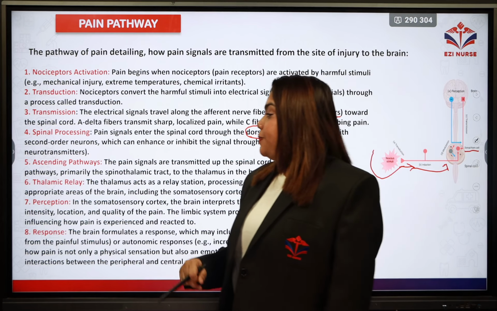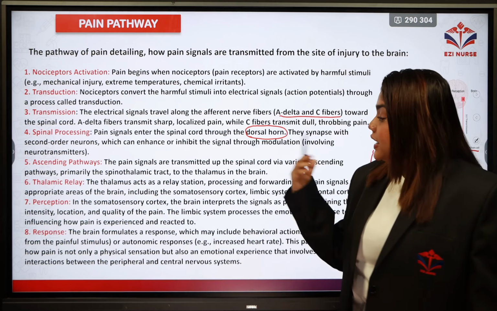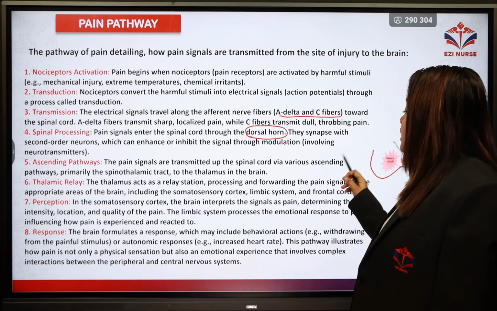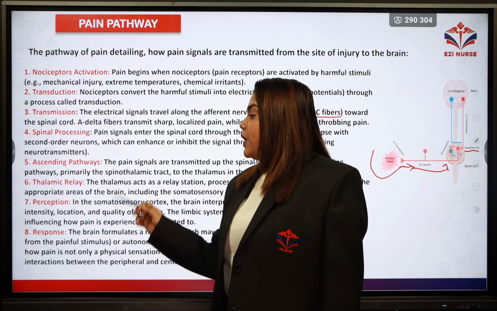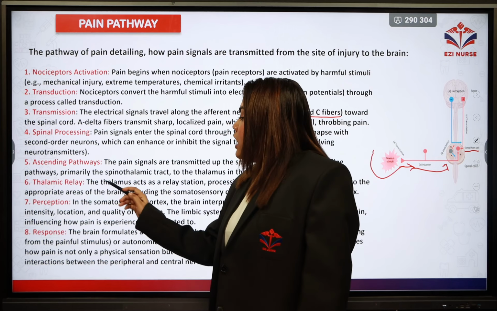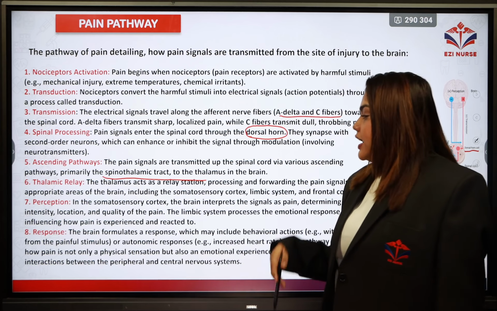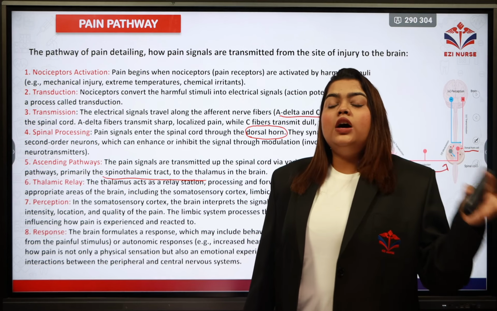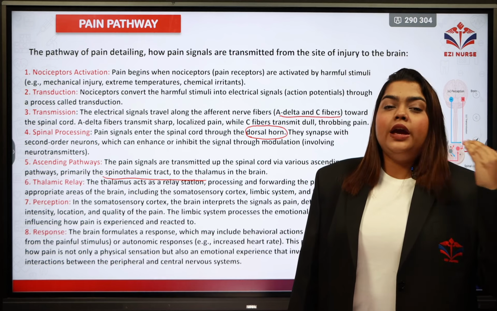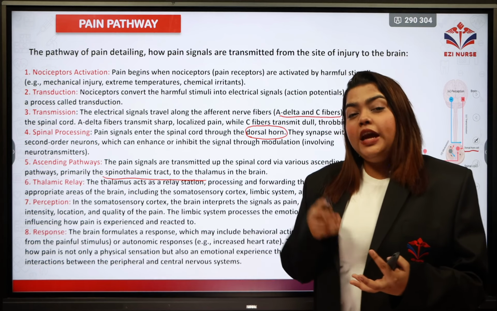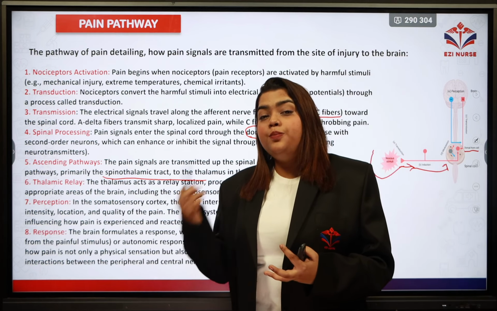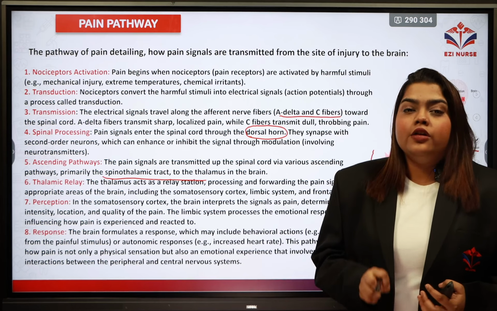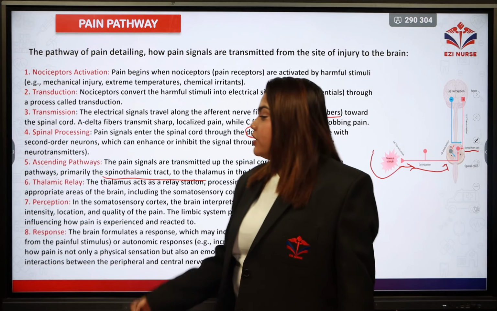Then the ascending pathway, in which the pain signals will be transmitted up the spinal cord via various ascending pathways, primarily the spinothalamic tract, to the thalamus of the brain. So from the spinothalamic tract, the electrical impulse goes to the thalamus in the brain, and the brain detects it.